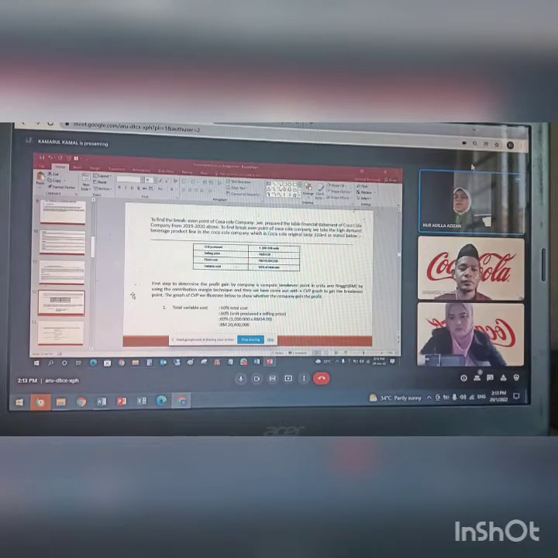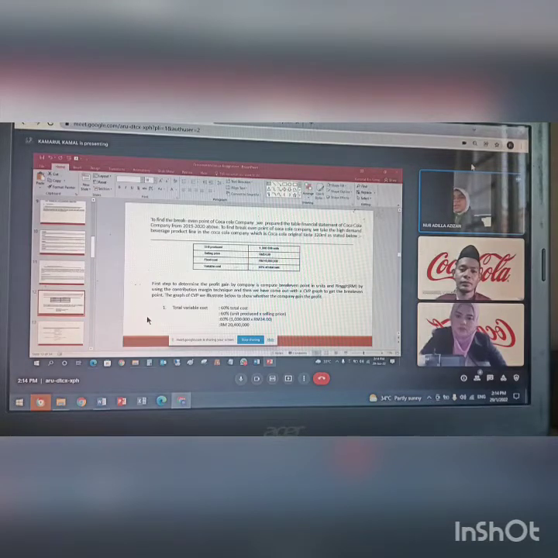Okay, this is my assumption where units produced. I assume that the units produced are 1 million units. Selling price per unit is 4 ringgit because the assumption is 45,000. Variable cost is 60% of total sales.